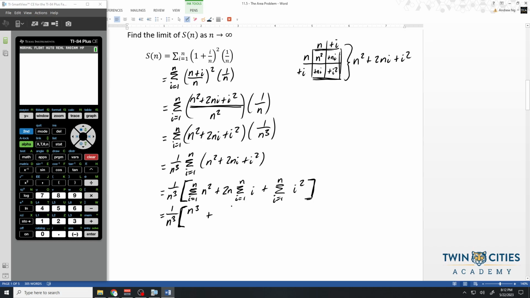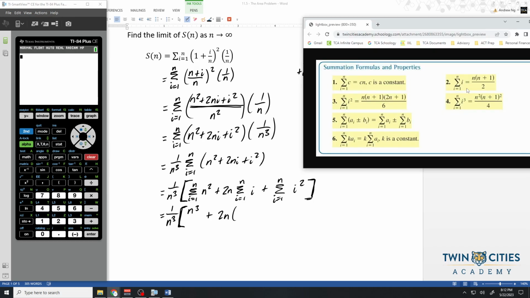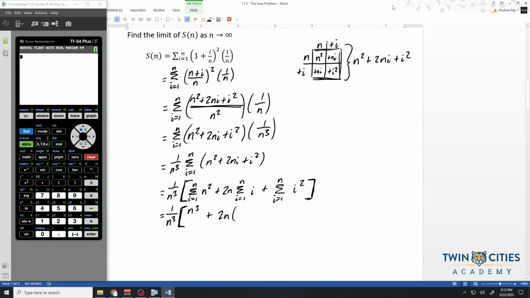Plus 2n, okay, times the summation of i. The summation of i is n times n plus 1 over 2. So this will be n times n plus 1 over 2.